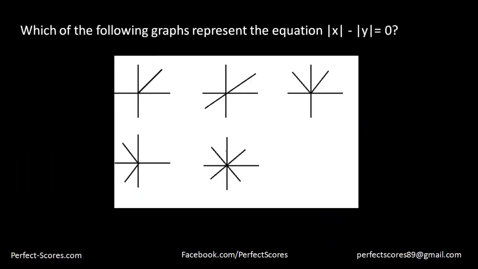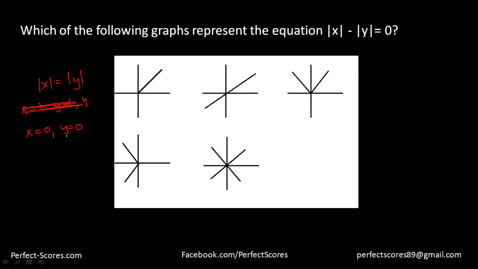Now over here the question asks which of the following represents the equation that modulus of x is equal to modulus of y. Now we're going to focus on a few points here. When x is equal to 0, y is equal to 0.